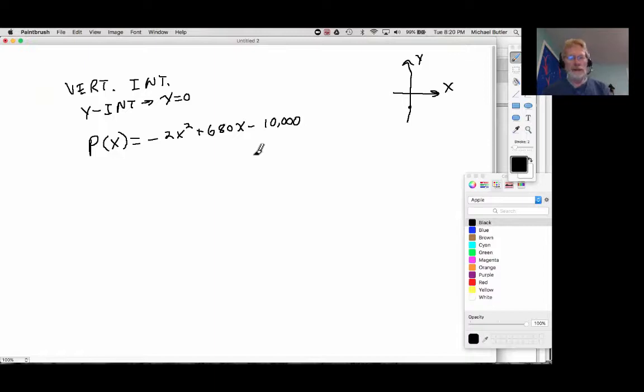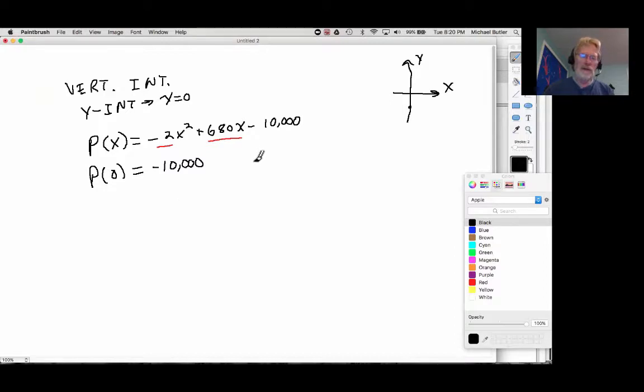If we let x be equal to 0, in other words we calculate what P of 0 is, notice that both the quadratic term and the linear term are going to drop out to 0, because negative 2 times 0 squared is 0, and 680 times 0 is 0. So that whole thing is going to reduce to negative 10,000.